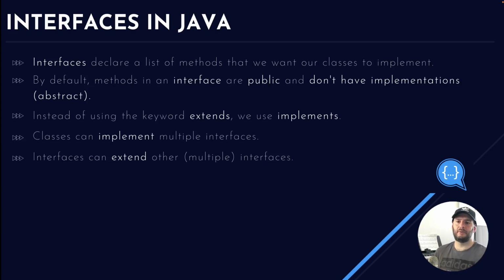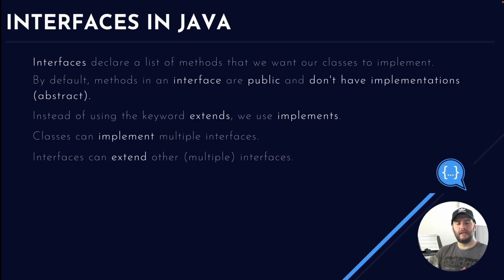Interfaces allow you to inherit from multiple interfaces. So you can have one class that implements multiple interfaces. And implements is the keyword in Java to tell that this class is implementing an interface.